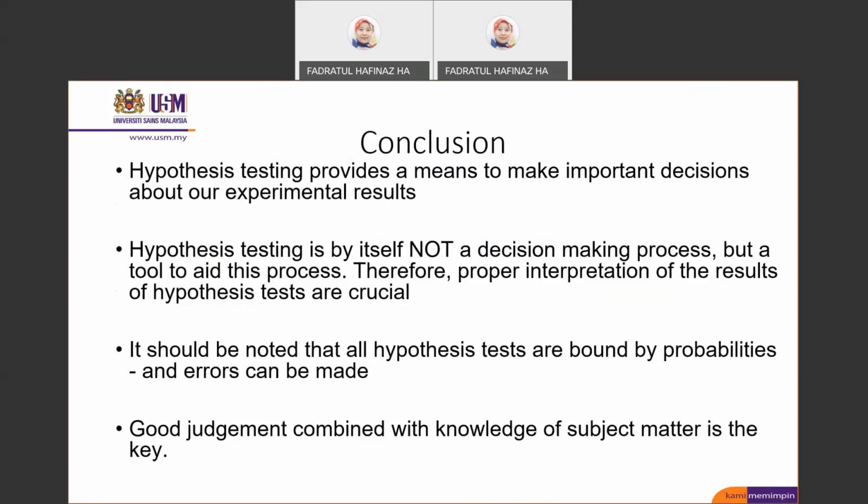It should be noted that all hypothesis tests are bound by probabilities, and errors can be made. They are type 1 and type 2 errors. So good judgment combined with knowledge of the subject matter is key, along with the aid of the results from hypothesis testing.